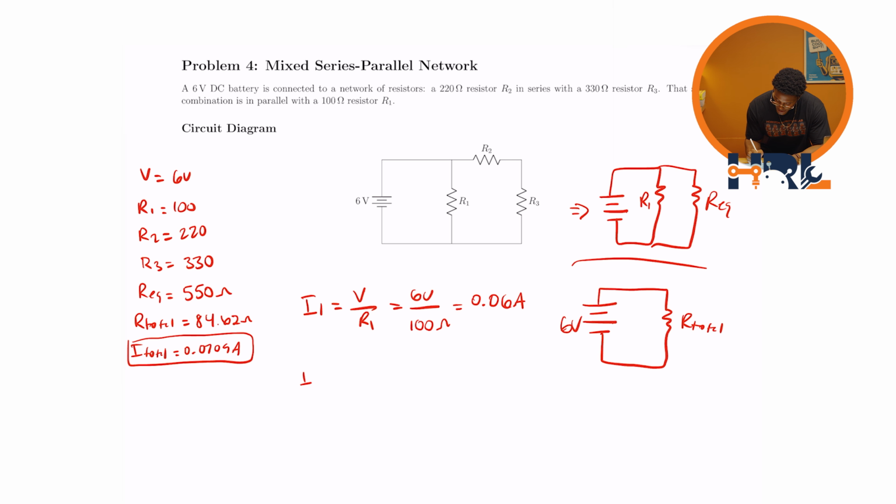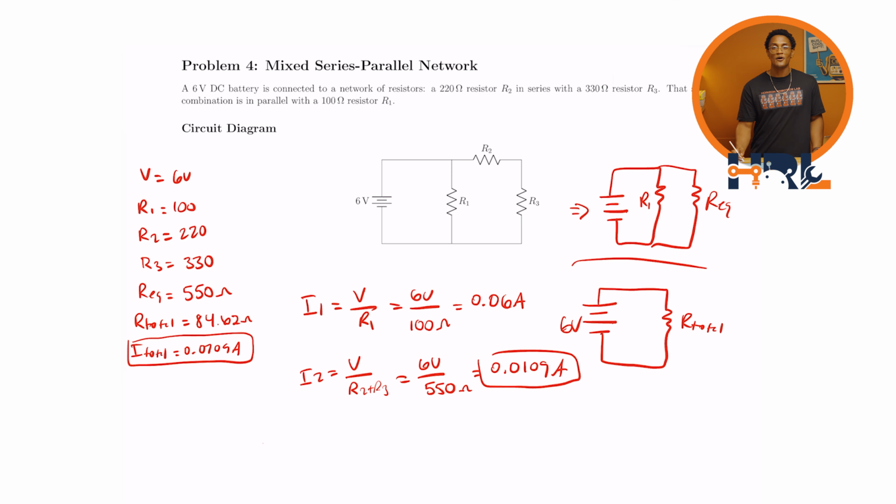So I2 is equal to V over R2 plus R3, which is going to be equal to 6 volts over 550 ohms, which is roughly 0.0109 amps.